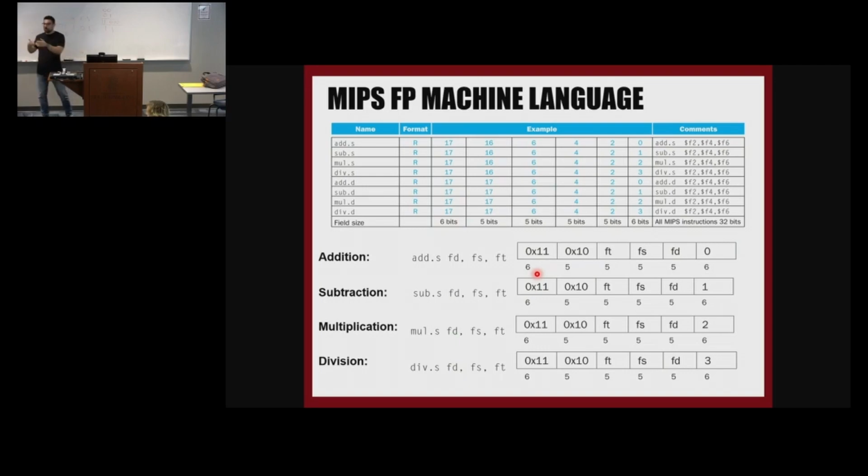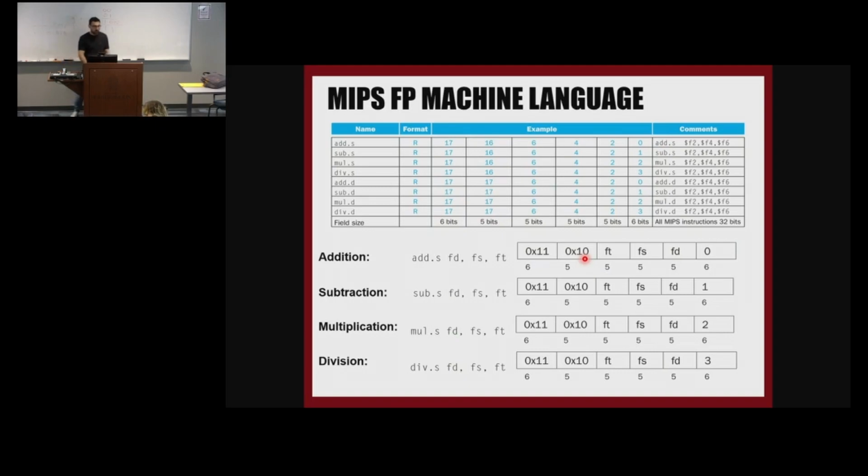And after that point, it's going to be the same type. We are going to have the 5 bits for RS, 5 bits for RT, 5 bits for RD, shift amount, and so on. It's an R-type instruction, but the opcode is going to change and function is going to change.